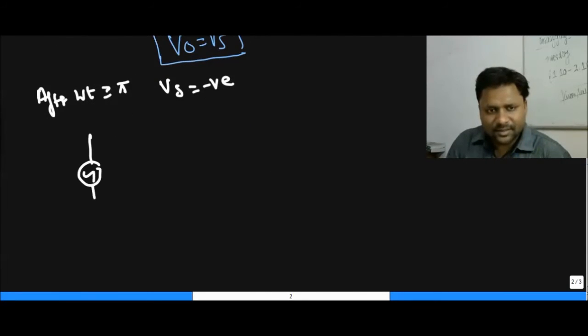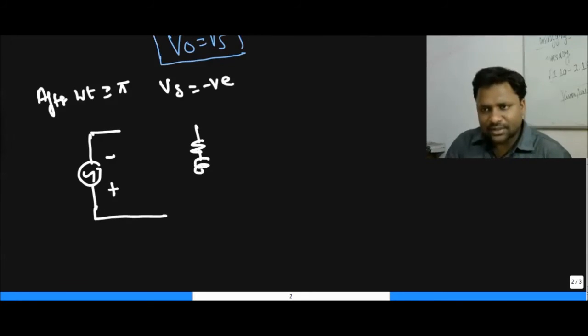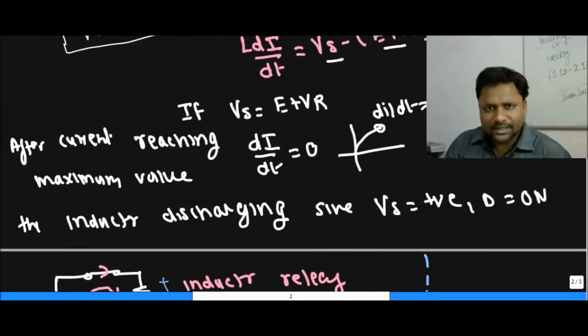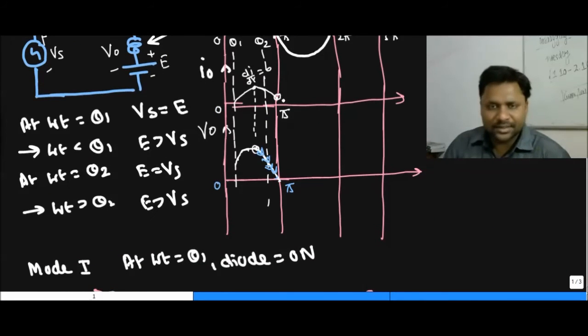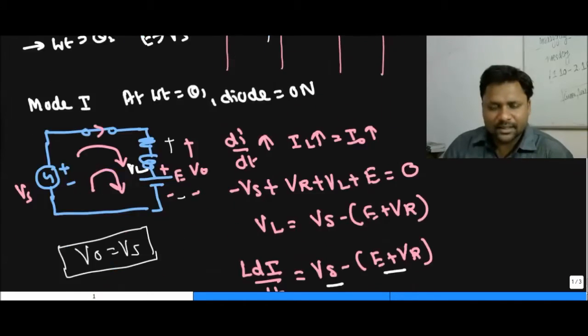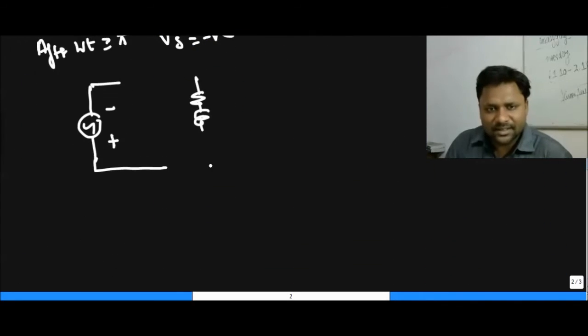The circuit has plus, minus, and the inductor still has some energy because the current is not zero at omega t equal to pi. The inductor tries to release the remaining energy, and it freewheels the diode up to the point when the energy is zero.